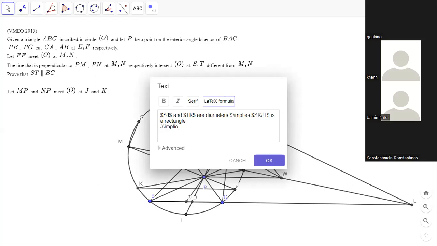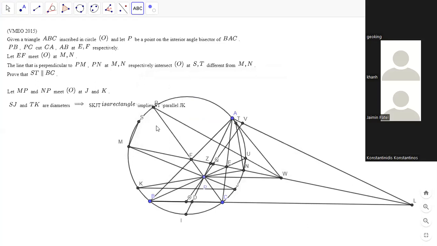And that means that ST is parallel to JK. Fix that number sign. Okay, so that's how we start out.